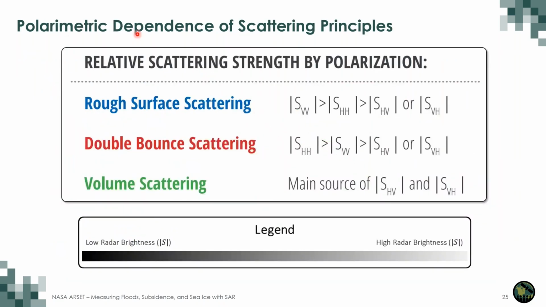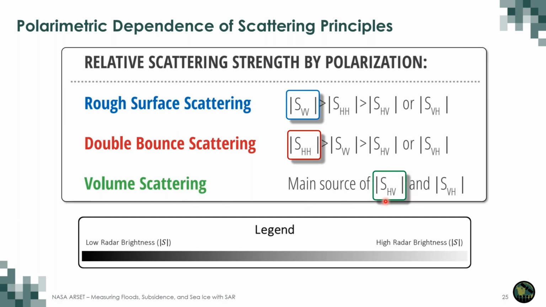So data at multiple polarizations allow you to discriminate these different scattering types. And this is the case because rough surface scattering tends to be particularly strong in vertical polarization. Double bounce scattering is particularly strong in horizontal polarization, and volume scattering is the main source of depolarization, and shows up very heavily in these cross-polarized terms.